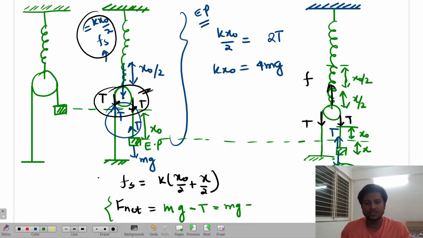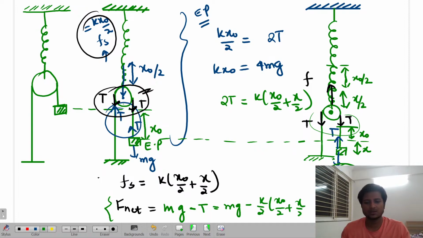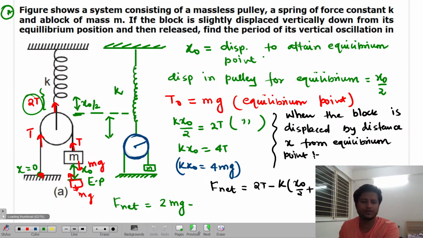But this tension T must be exactly equal to, since the pulley is massless, so this 2T must be equal to now the new spring force, which is K by 2 divided by X by 2, isn't it? So T is how much? K by 2 X naught by 2 plus X by 2. ये equation होगा या नहीं होगा? Because that makes our question too much easy. Are you able to get me or not?